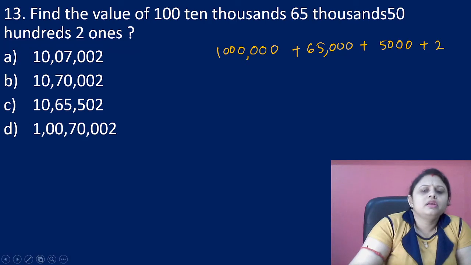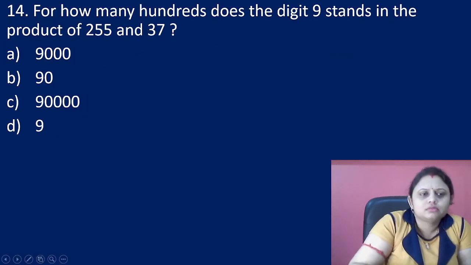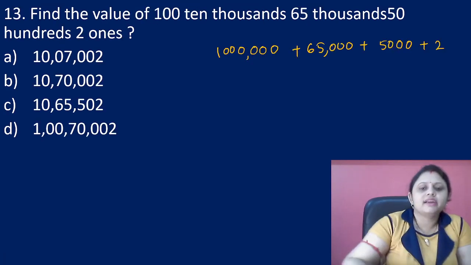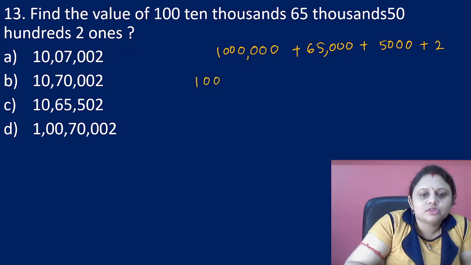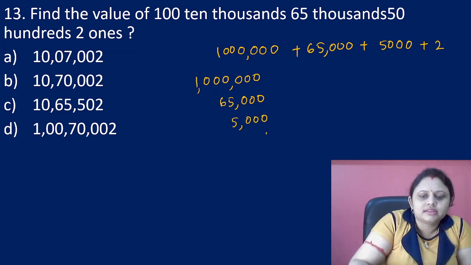Next, we have to add them: 1 0 0 0 0 0 0, then 65,000, then 5,000, then 2.